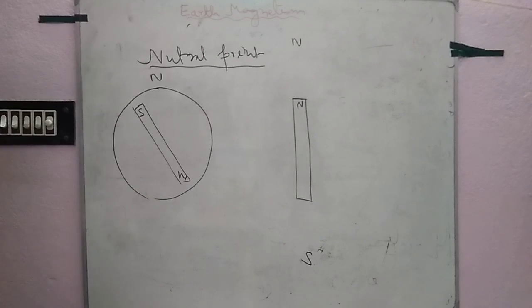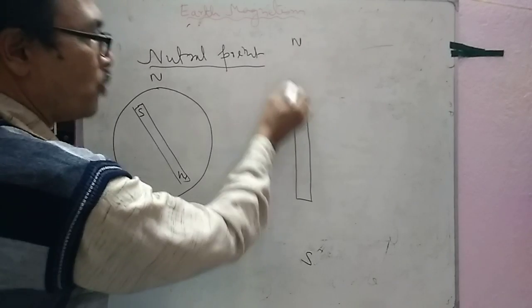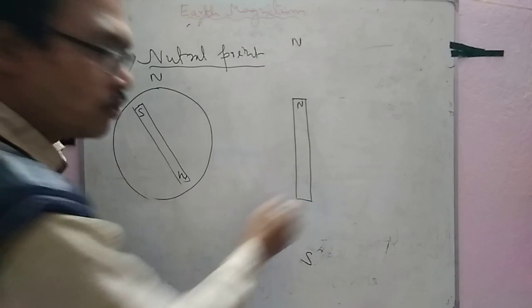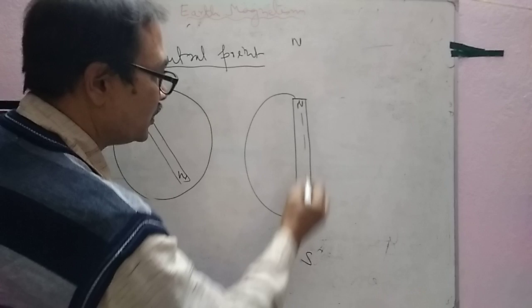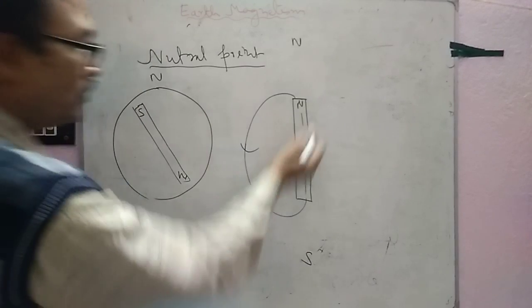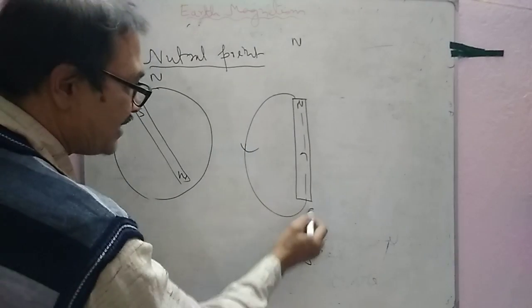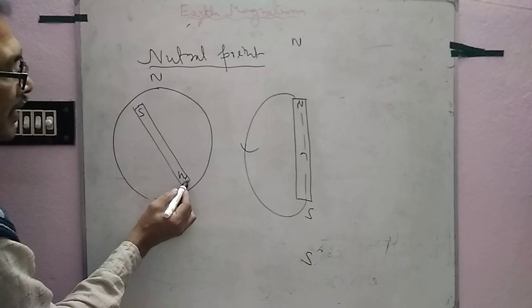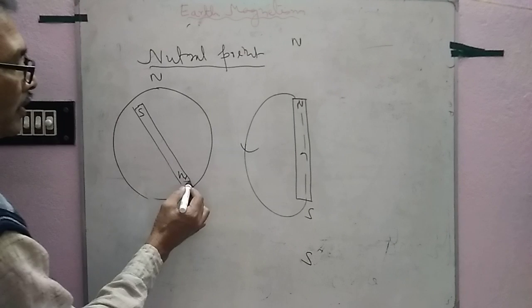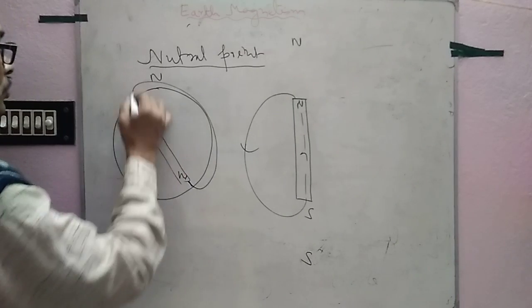Now we know the magnetic lines of force start from the north pole and end at the south pole. This is a closed loop.